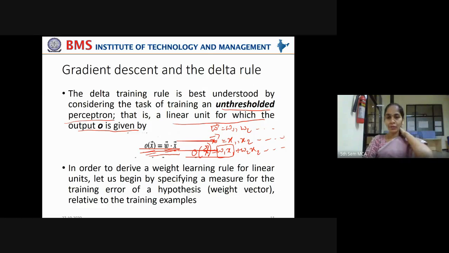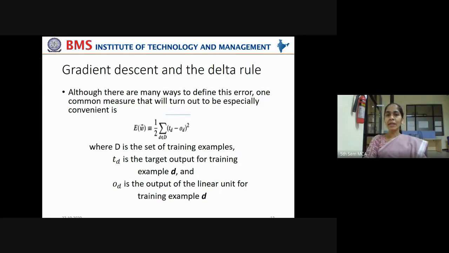In order to derive a weight learning rule for linear units, let us begin by specifying a measure for the training error of a hypothesis, that is the weight vector, relative to the training examples. I'll explain it better here. Although there are many ways to define this error, one common measure that will turn out to be especially convenient is the sum squared error. You remember SSE, what you studied in your first chapter?